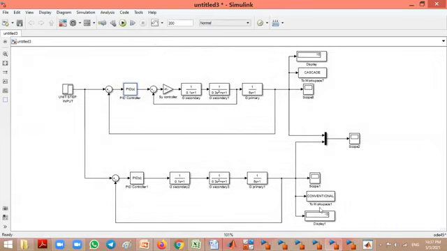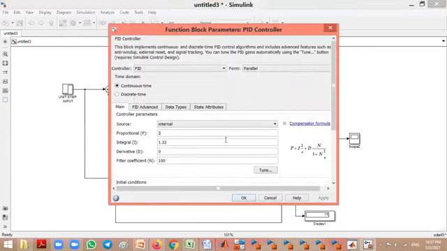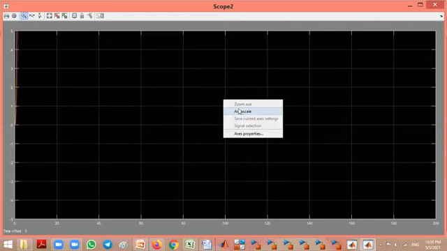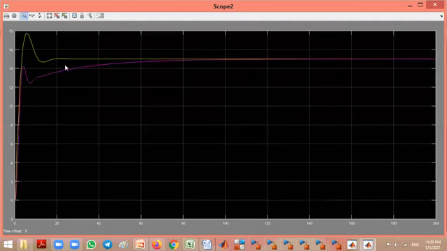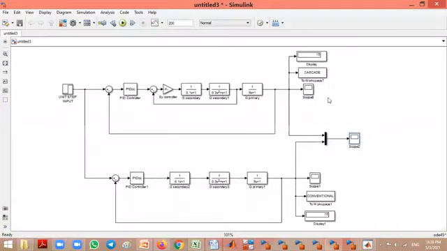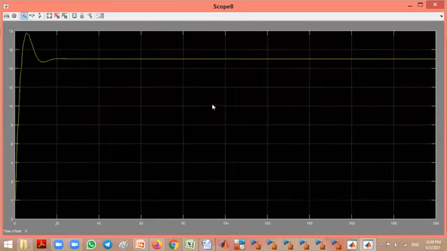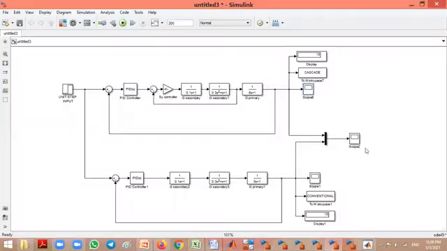With 200 both are settling at the same point. You check, this calculation may be wrong, so I have reduced the gain. See auto scale. There is a difference. This is the cascade one, and the conventional one we will see here.